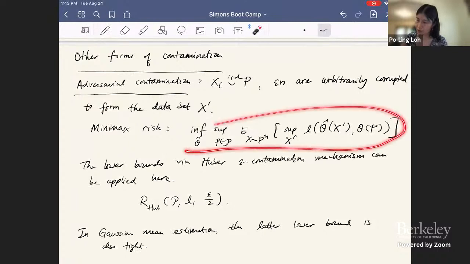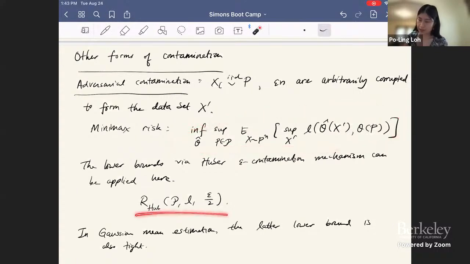So the lower bound that you would get could be bigger. So even though this is a valid lower bound, you could get a bigger lower bound in principle. But you can argue that the same estimator that achieves the lower bound for Huber contamination, which is the Tukey median, also achieves the bound that you would get in this case, meaning that this method of bounding is tight.